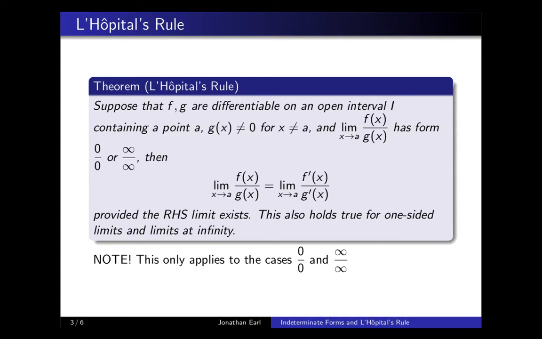Now, the first thing to notice is that this isn't the quotient rule. This is the quotient rule for when you forget the quotient rule. This is taking the derivative of the numerator and dividing it by the derivative of the denominator. Kind of hand-waving, the reason why this works is that you're looking at how the numerator is changing versus how the denominator is changing.